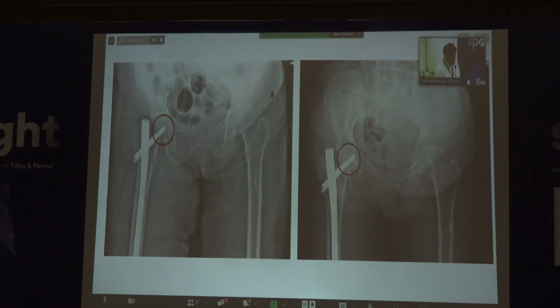So I think it's up to the patient's complications they have right now. So this is a typical cut through, but it's not a very common complication that the TFNA has.